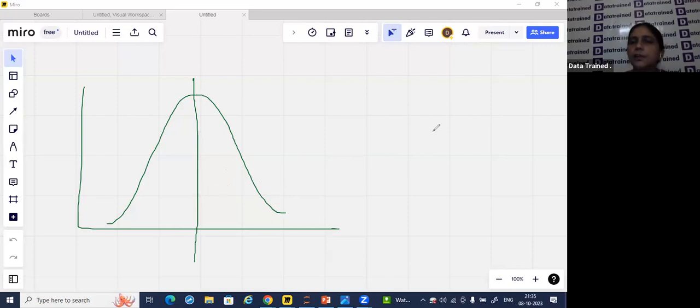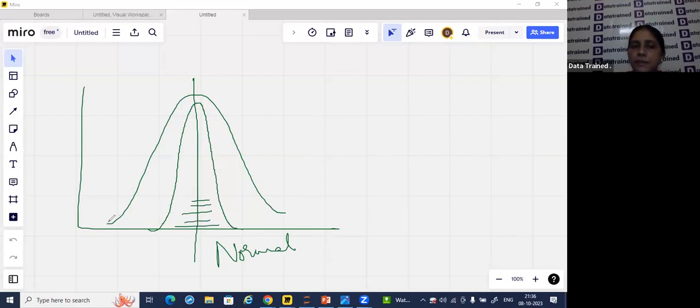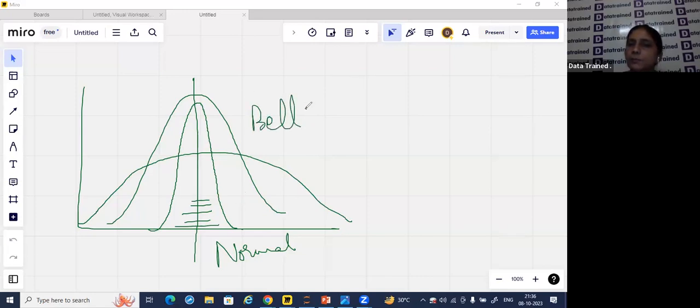Good responses, very good. So this one is the normal distribution, where we do have a certain mean and a certain standard deviation. If standard deviation is less, my normal distribution will come in this way, where the spread of the data is very small. But if standard deviation is high, my distribution is spread, the range is very high. This is the normal distribution, or we can call it a bell-shaped curve. Already you are aware of it.